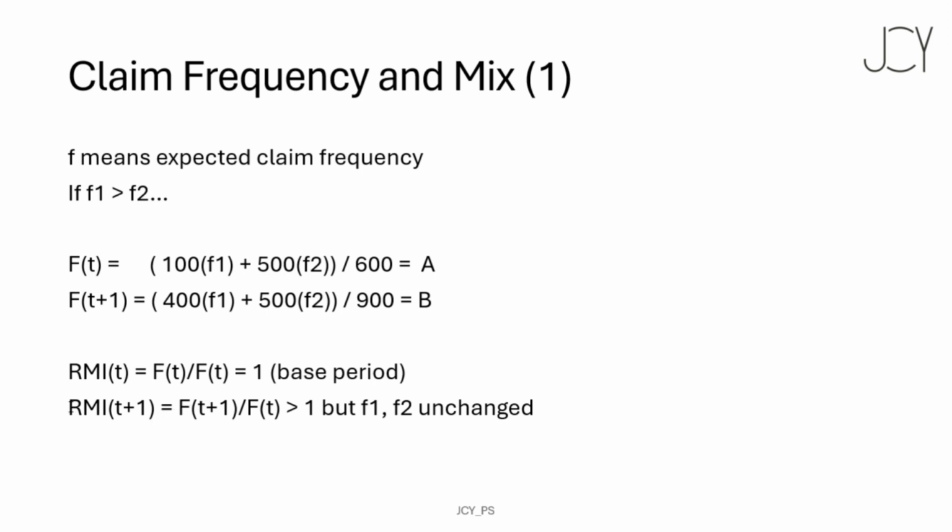And then we look at that subsequent period of t plus 1. Essentially what we're doing is just a ratio of F t plus 1 over F t. And this will be greater than 1 because we know that B is greater than A, given that the expected claim frequency is unchanged in terms of their underlying modeled claim frequency.